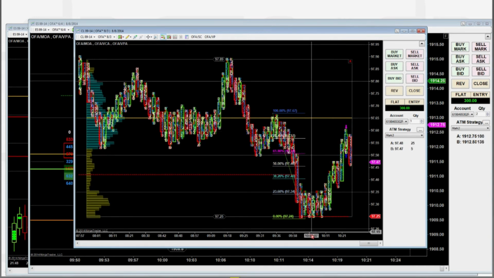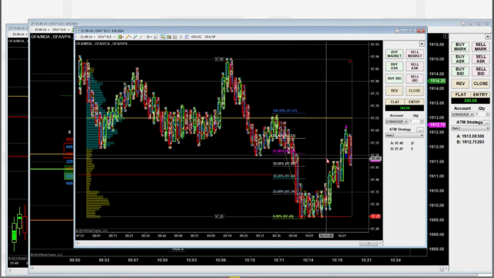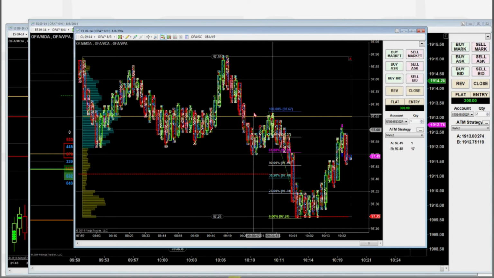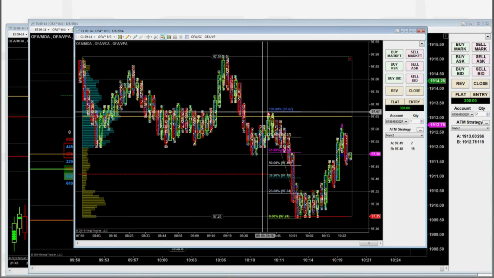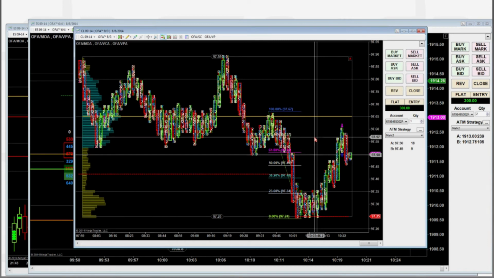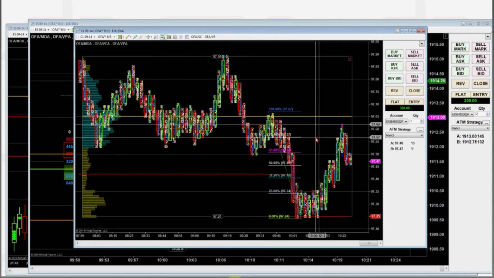Oil can be, again, no pun intended, a little slippery. But these are the levels I'm generally looking to take a trade short, between this 51 and 57. Now, if I would have waited for 57, I would have been fine. I was willing to give it more than 3 ticks.